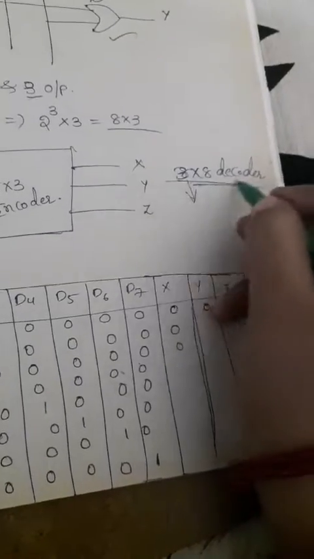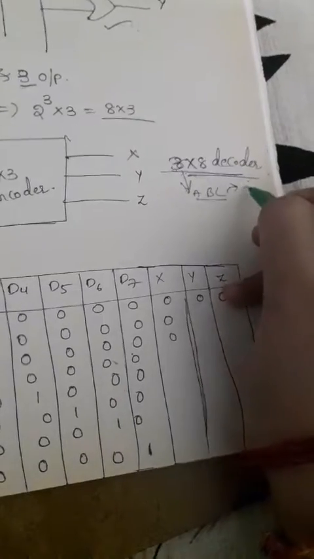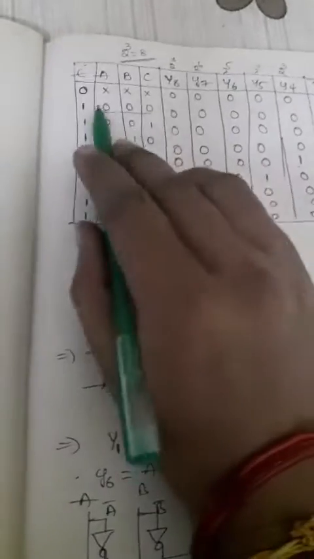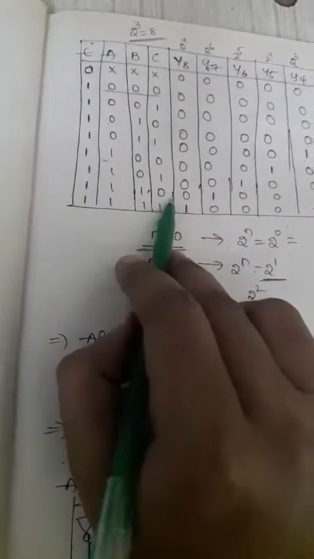So what outputs are we collecting? This is the 3 to 8 decoder truth table, and based on that we will write. The inputs for the 3 to 8 decoder are 3 input lines, A, B, C. 3 input lines give us a total of 8 combinations, which you can present here: 000, 001, 010, 011, 100, 101, 110, 111.